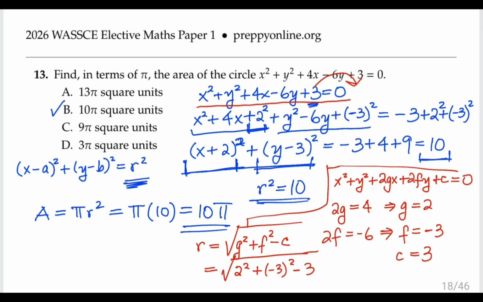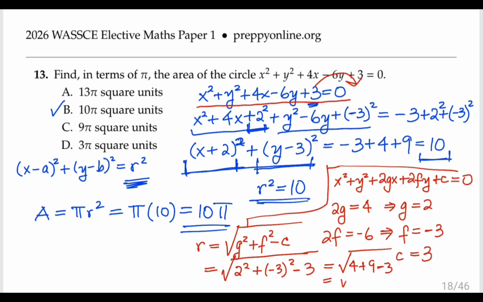All right, so we simplify this. 2 squared is 4, minus 3 squared is 9, and we have minus 3. 4 plus 9 is 13, minus 3 is 10.